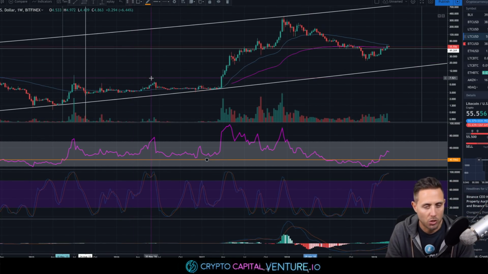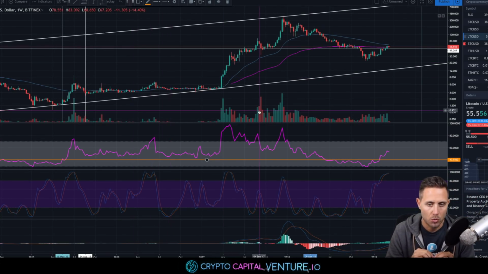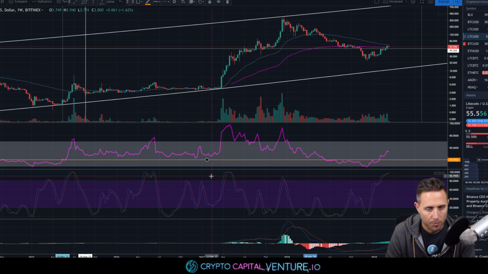Litecoin on the weekly. I want to start on the weekly chart just to paint a picture. If you look at the middle of the screen, the RSI, the slower moving momentum oscillator, it's always nice to come to the weekly chart and look at all parts of the chart. But here's the oscillator. Put your eye on the 40 line right here.